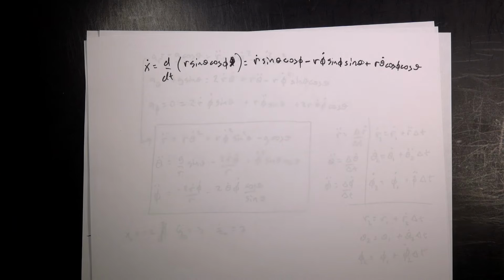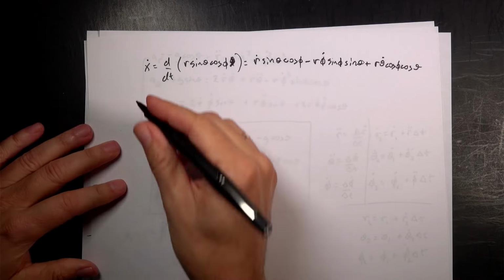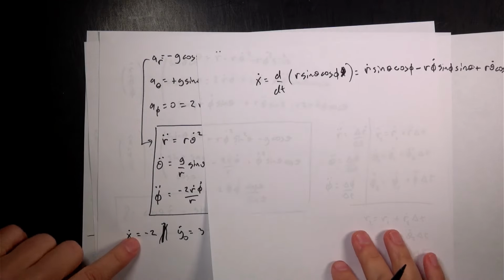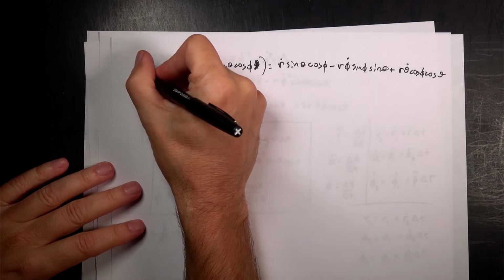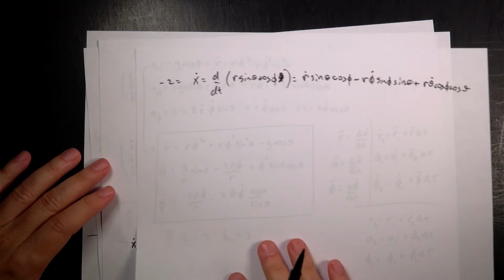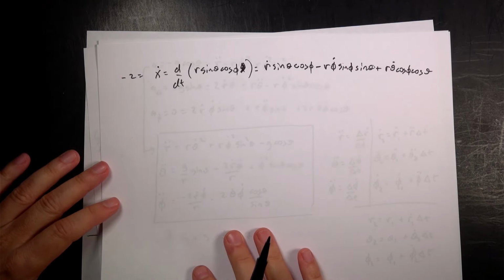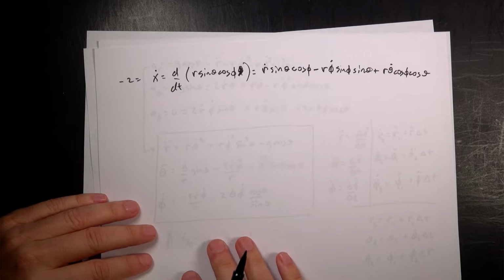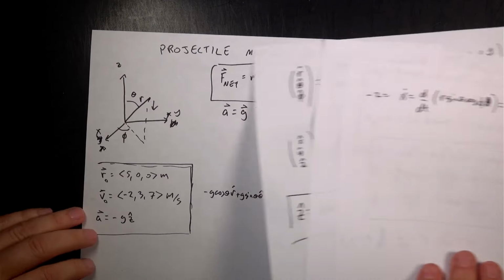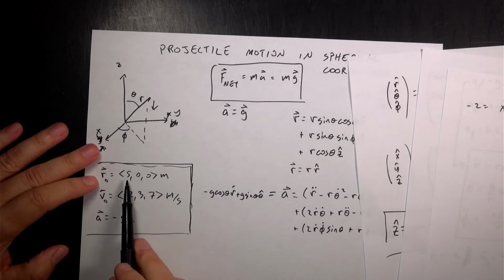Now we need to use our initial conditions, and I can actually solve for r dot, right? Because I know x dot is, what did I say it was? X dot's -2. Okay, now I also need to get my coordinates. So if I go back over here, right here, there's my initial position.